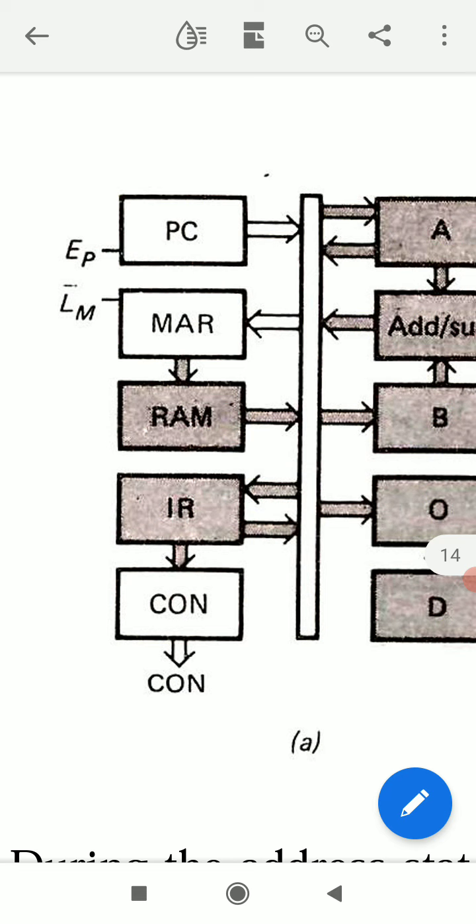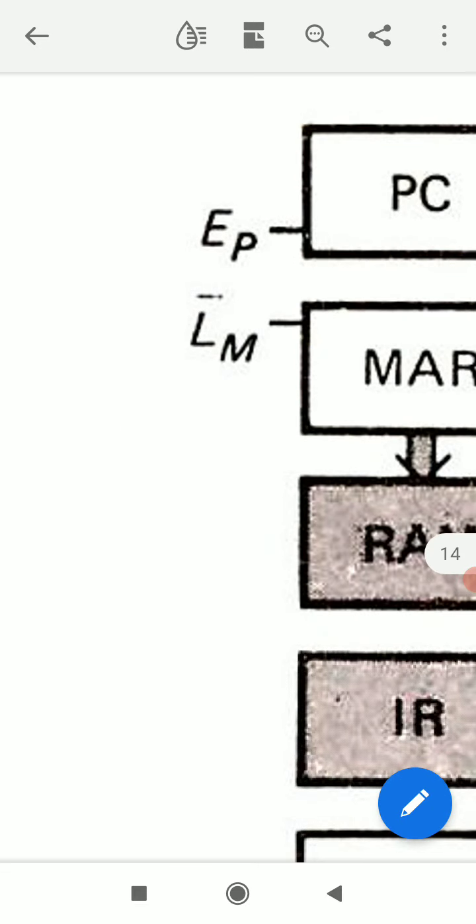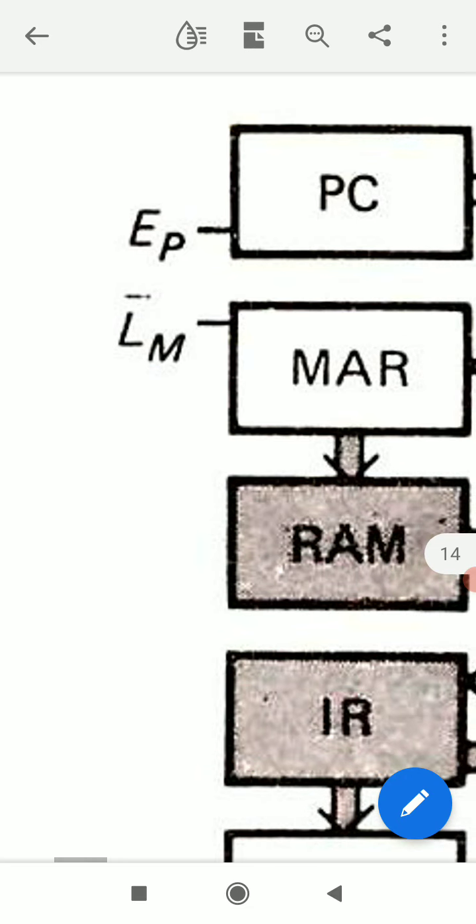So in this state, these two bits EP and LM bar must be active. When EP is active, E means enable, P is for program counter. It enables the program counter.